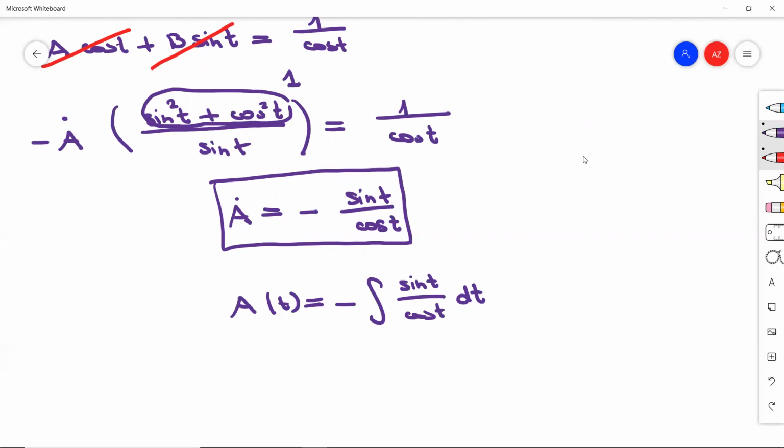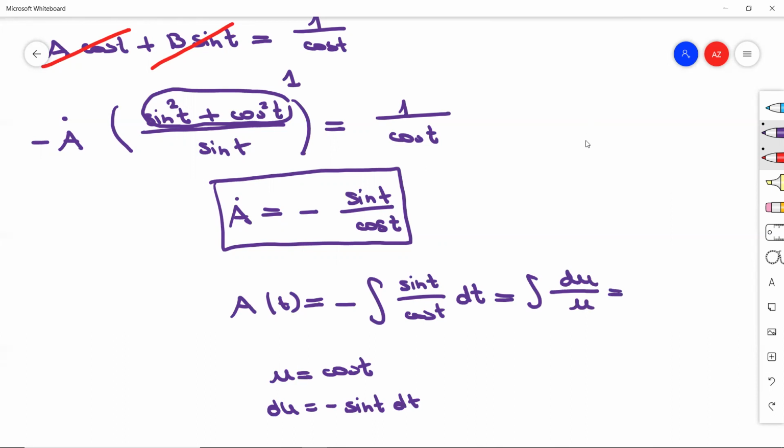So the new variable should be cosine t, so that du is then minus sine t dt, and this is really what we have here in the numerator. So it is the integral of du over u.